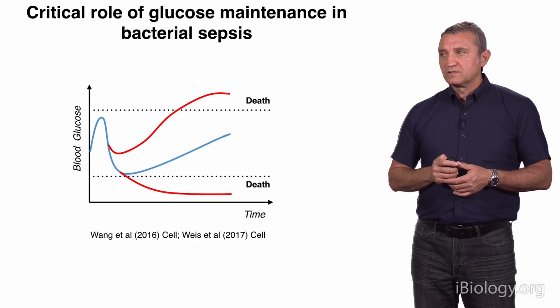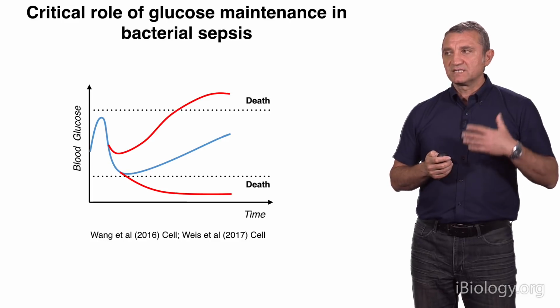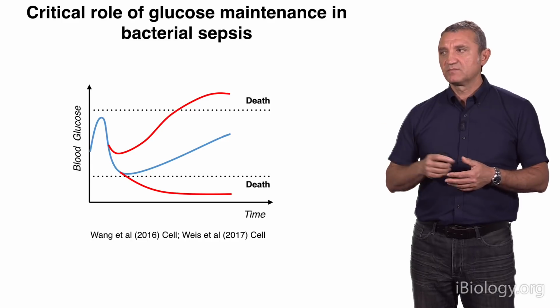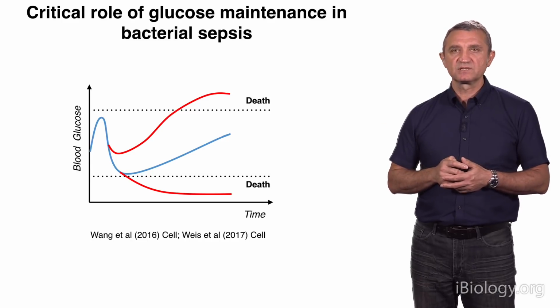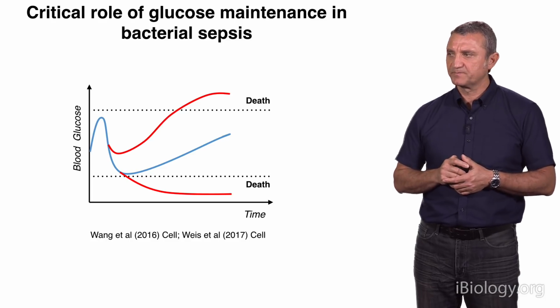And then what we found here, therefore, is that this increased glucose level, if it goes above some upper threshold level, can be deadly in the context of bacterial sepsis.